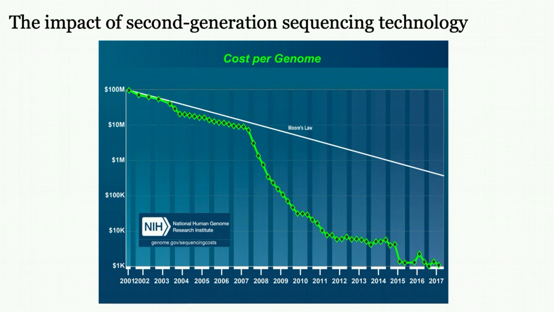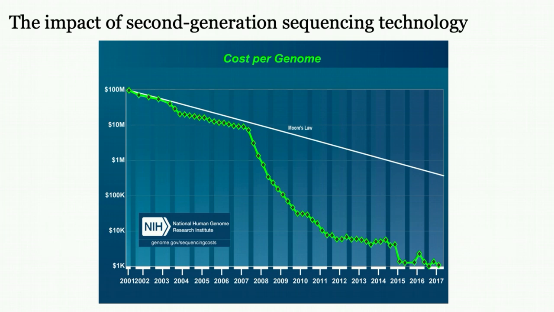But now it is many orders of magnitude less than that. Right now it takes less than $1,000 to sequence an individual genome. That's because of second generation sequencing technology. And the drop in sequencing cost is much faster than Moore's law. You don't need to know what Moore's law is, but you just need to know that the sequencing cost dropped dramatically.